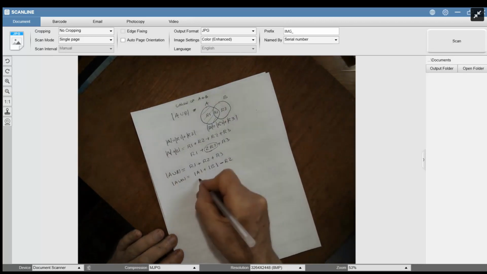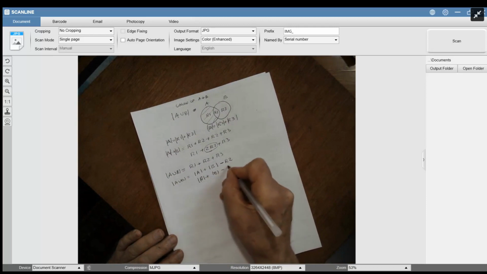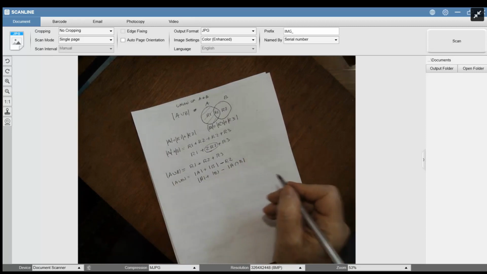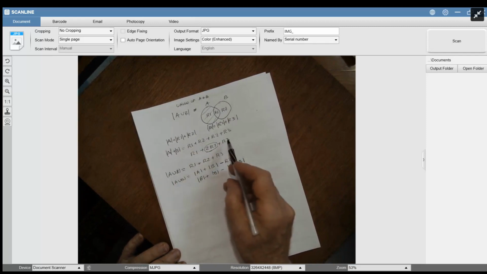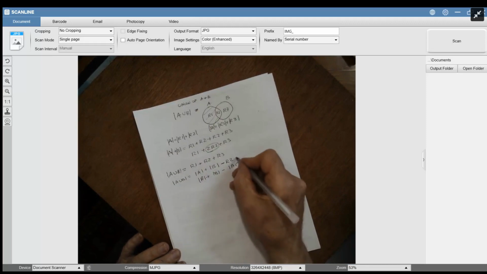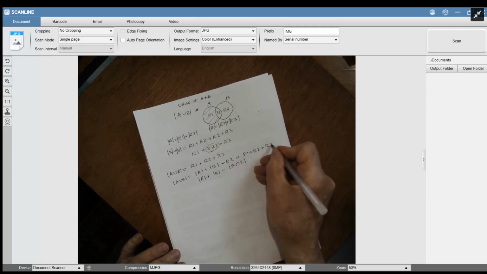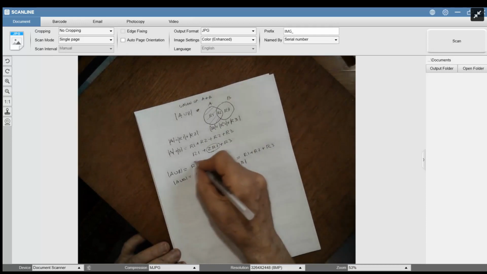This is the same thing as saying A plus B minus A intersect B. It's a very useful formula. A plus B is region 1, region 2, region 2, region 3, so you have to take one region 2 out of it, and then you're going to end up with just region 1 plus region 2 plus region 3, because you subtracted out region 2, which was in there twice.